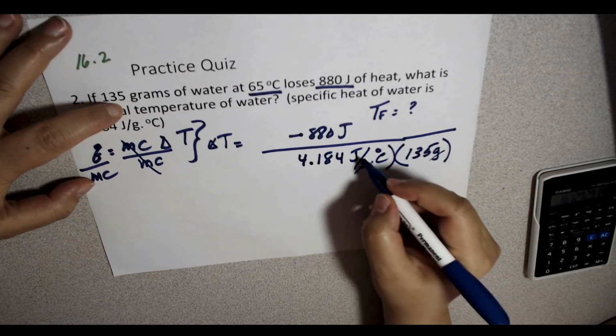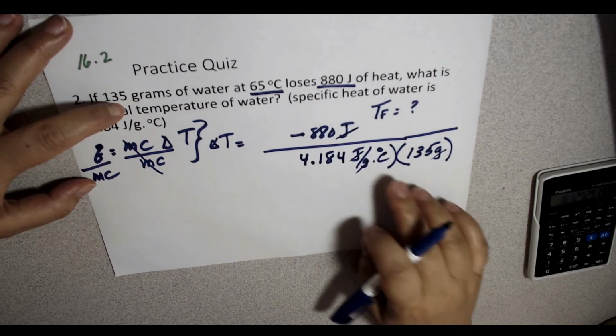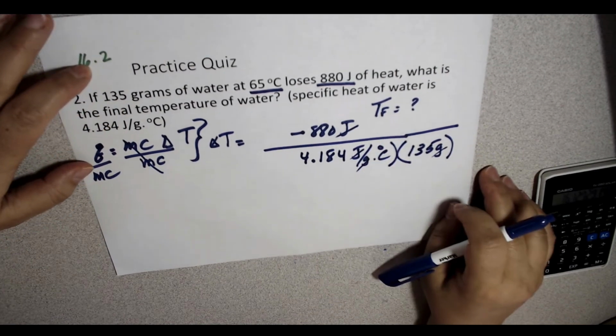Grams cancel out, joules cancel out, and we're going to end up with degrees Celsius.